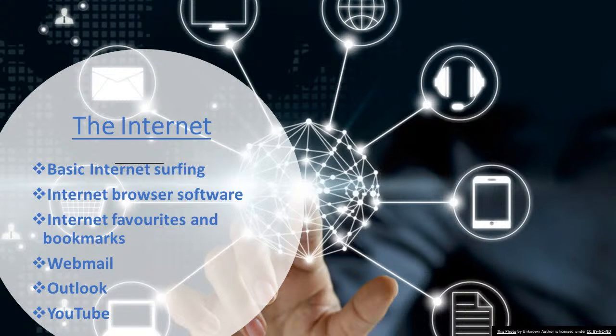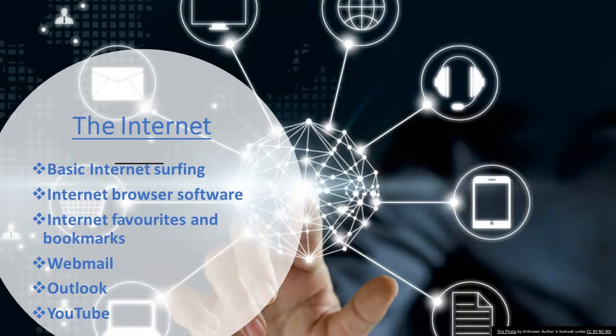In this session, this is a follow-on from last week, which was looking at the actual PC or the laptop, going through the devices. Now we're going to be looking at what the computer itself can do. One of the major areas we look at is the internet.